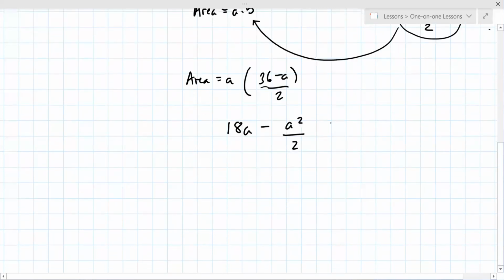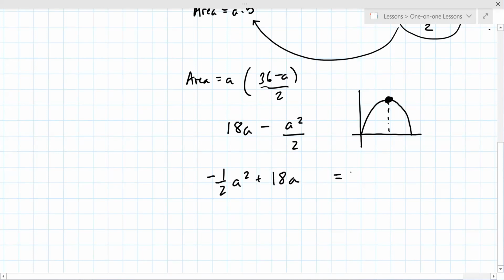Do you have any idea what this is a graph of? Parabola, yeah. So because there's no C value, this thing goes up and goes down. We need the vertex. So this is minus 1/2 A squared plus 18A equals 0.